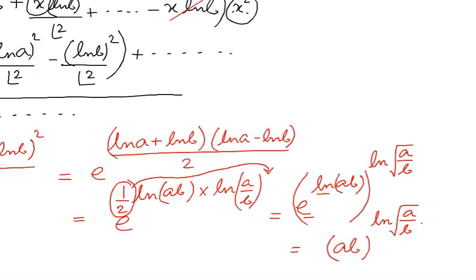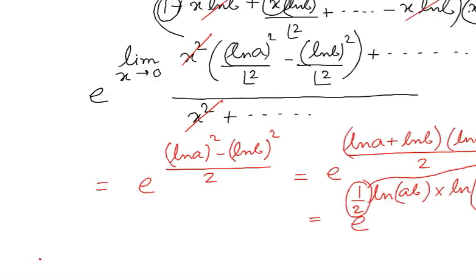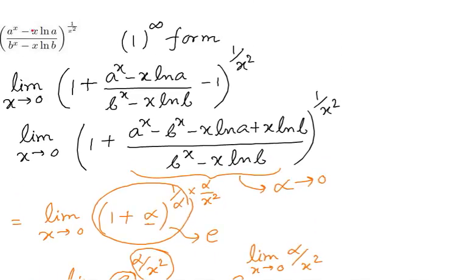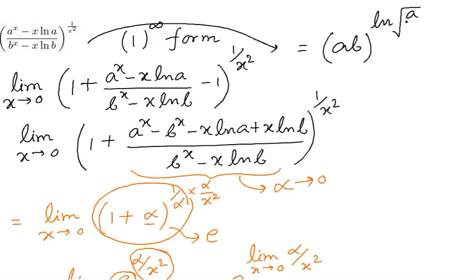So we can leave the answer in this particular format for this limiting question. So the answer will come out to be ab to the power ln root a by b.